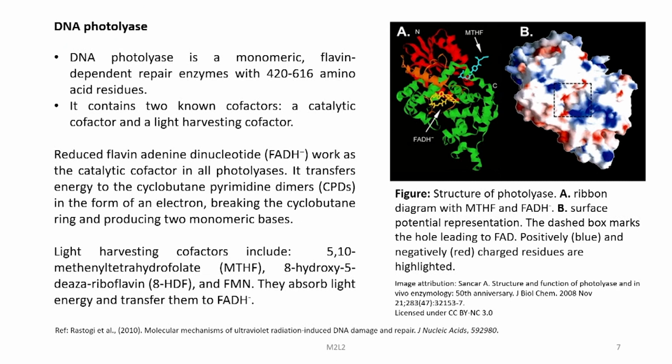DNA photolyase is basically a monomeric flavin dependent repair enzyme with 420 to 616 amino acid residues, varying from species to species. It contains two known cofactors, a catalytic cofactor and a light harvesting cofactor.